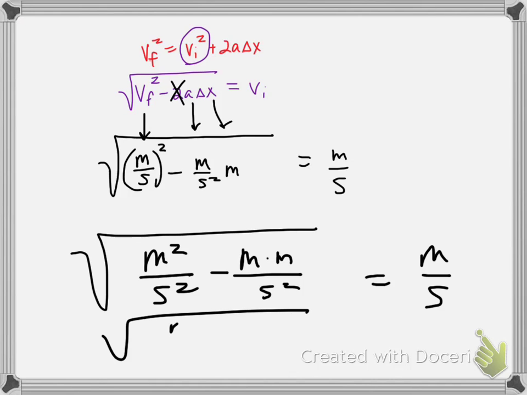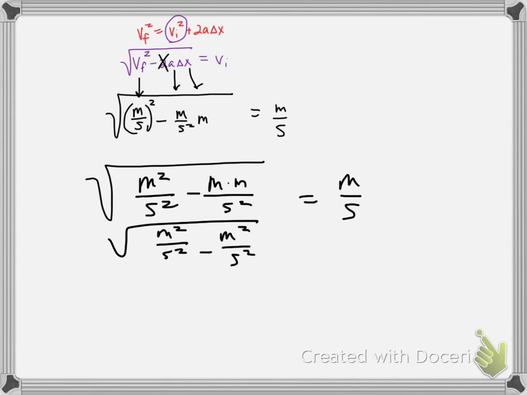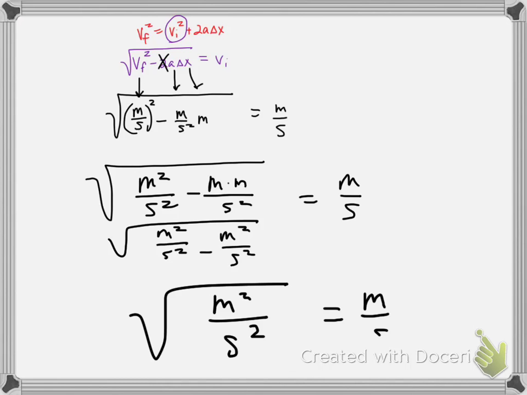So I have the square root of meters squared over seconds squared minus meters squared over seconds squared. If I subtract meters squared over seconds squared from meters squared over seconds squared, what are my units? Meters squared over seconds squared. Okay, so the square root of meters squared over seconds squared, I'm claiming equals meters per second.